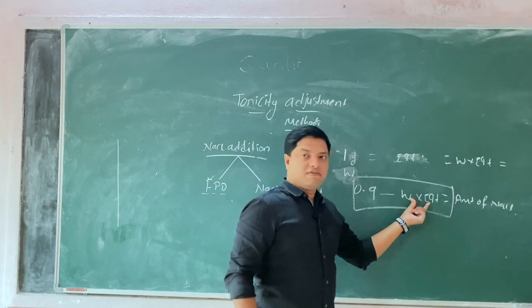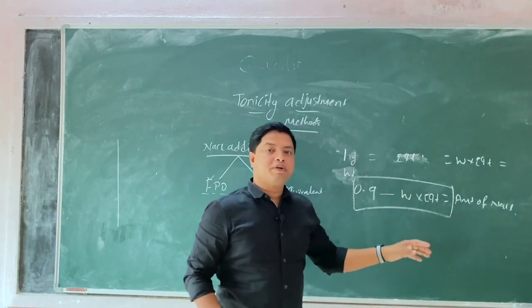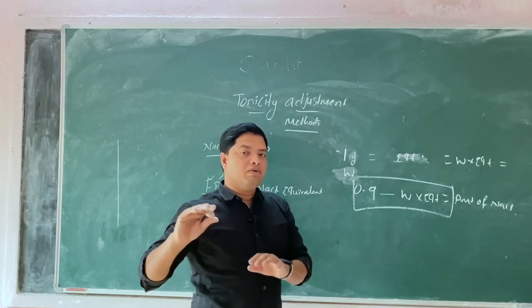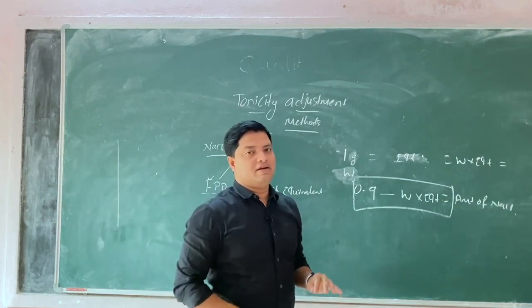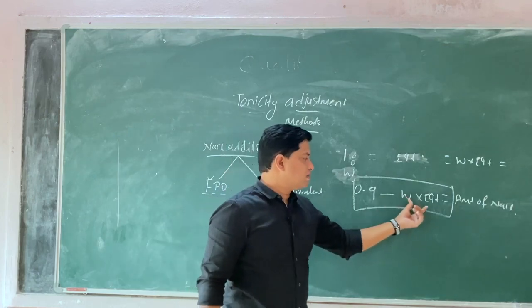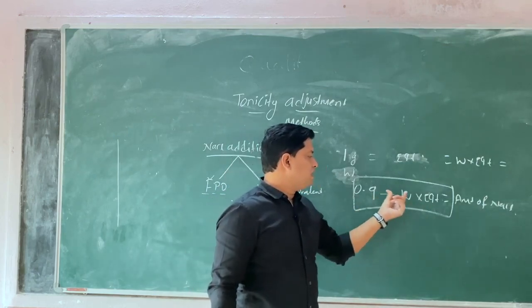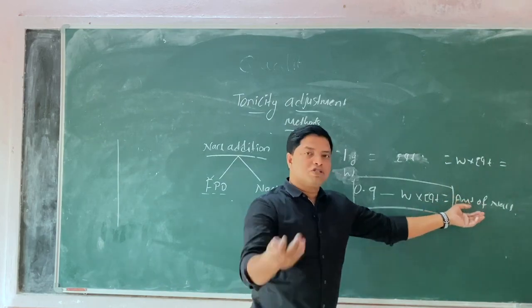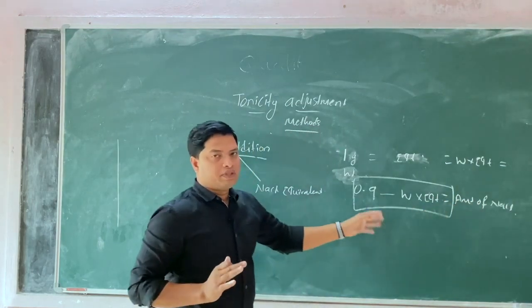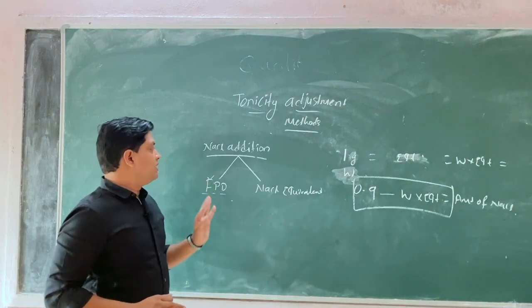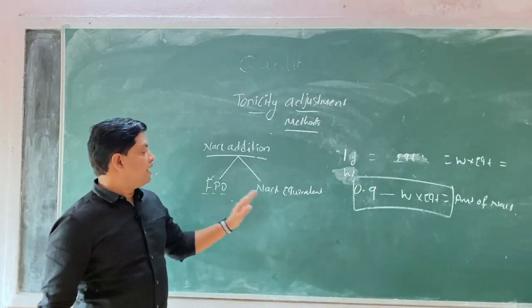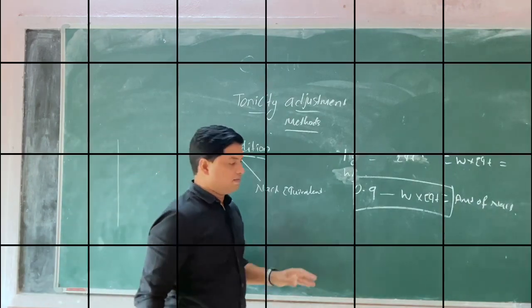This factor tells you that due to the presence of that amount of drug, it is equivalent to how much NaCl. So total is 0.9, present is this much; if you subtract it, you will get how much to be added. That is what the equation tells you. This is the NaCl equivalent method.